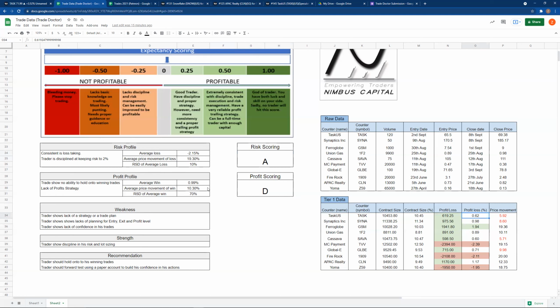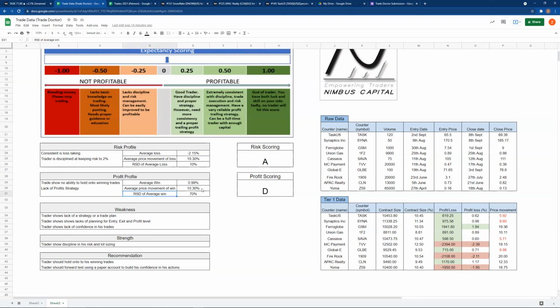But of course, when we talk about profit taking, sometimes a high RSD is actually good, because maybe some days you take this amount of profit, but some days you take even higher, and that will result in a high RSD. But in this case, because his average win is half the amount of his average loss, this RSD doesn't really come into play.